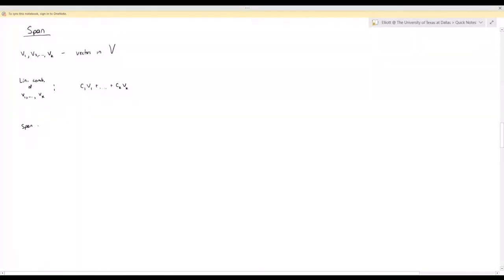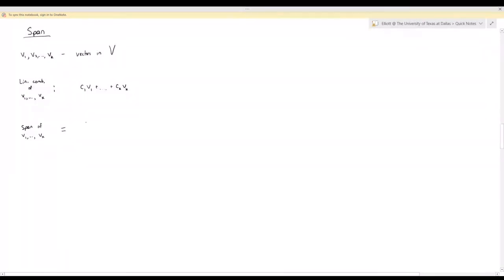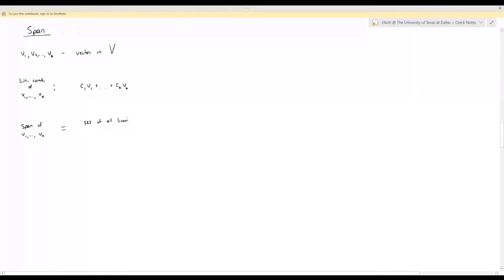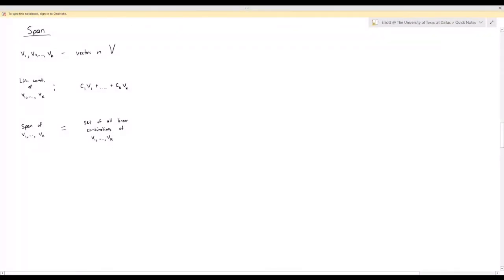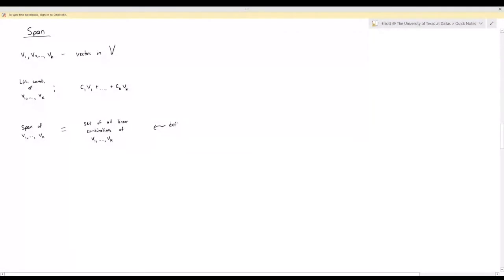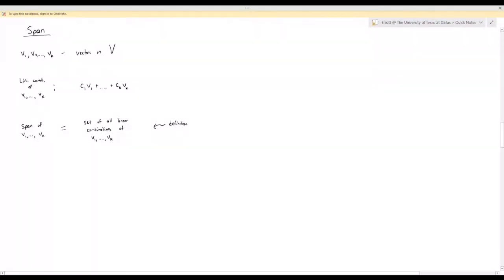And then the span of a collection of vectors is defined to be the set of all the linear combinations of the vectors v1 through vk. This is the definition here.